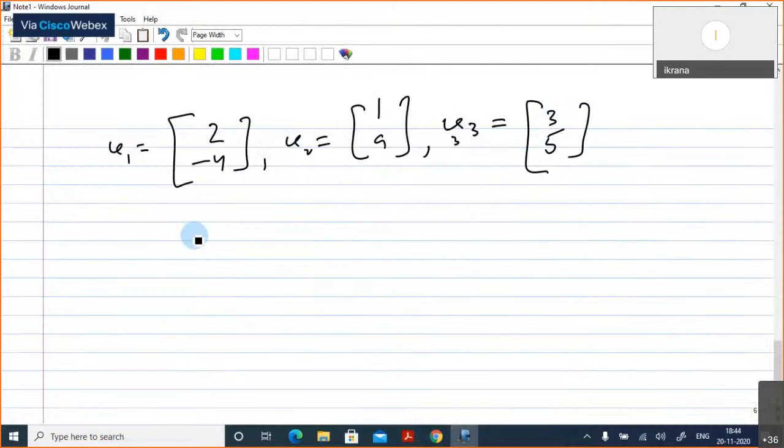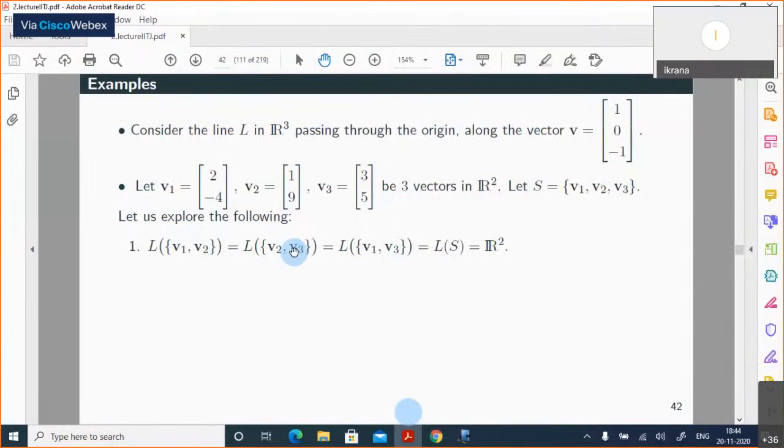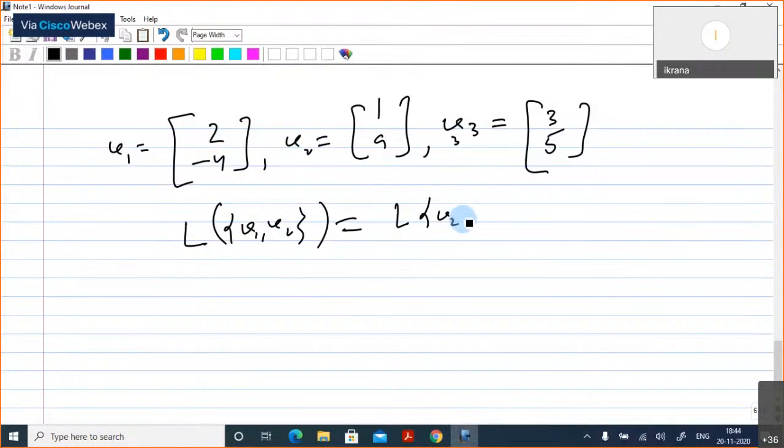And we are trying to see, can you say that the linear span of v1, v2 is equal to the linear span of v2, v3? So that is the question.